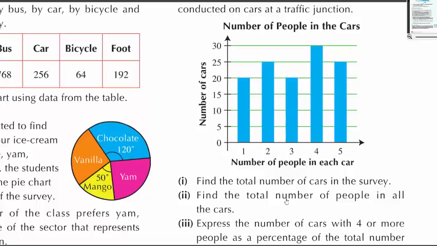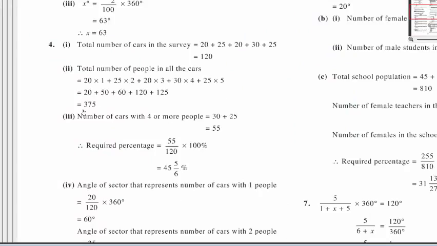So if you want the total number of people for all cars, it will be 20 times 1 plus 25 times 2 plus 20 times 3 plus 30 times 4 plus 25 times 5. Okay, so the answer will be 375. Now again, when you present your answer, remember to write statement, working, and then followed by the answer.